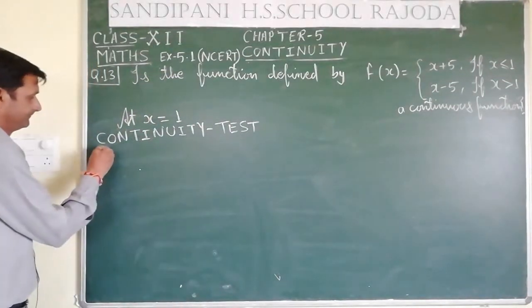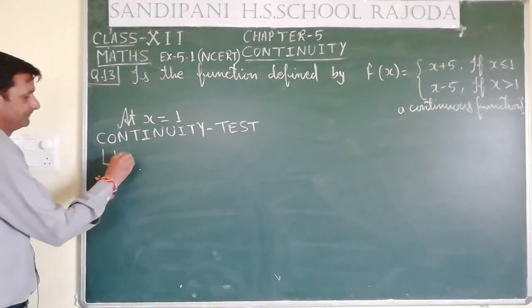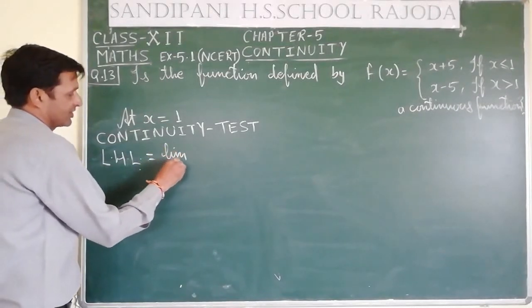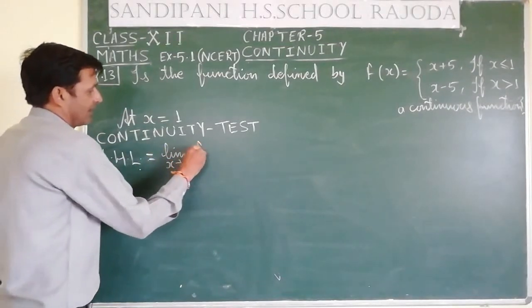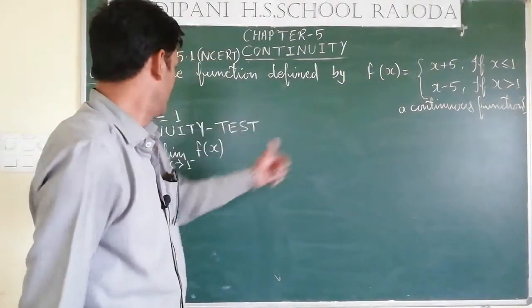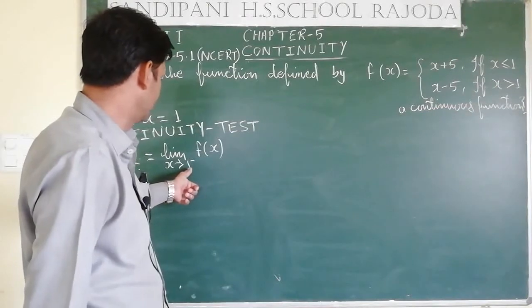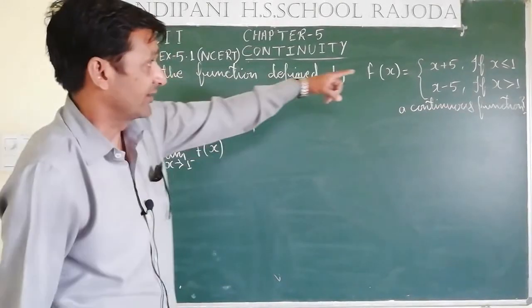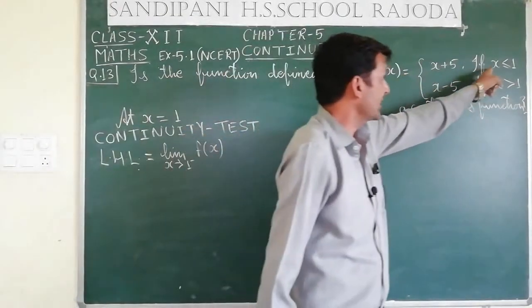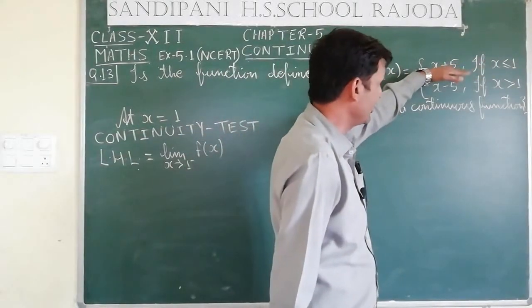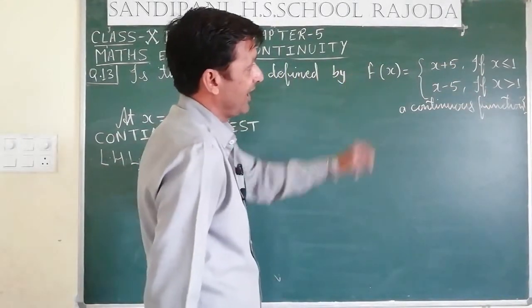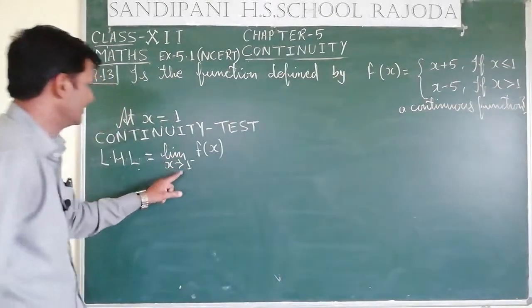Here LHL is equal to limit x tends to 1 minus f of x. At x less than 1, this part of the function is applicable, which is x plus 5, because x is less than 1 is mentioned here. So we have to put the value of x as 1 minus h here.